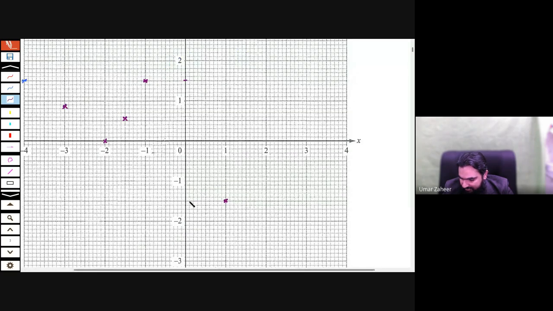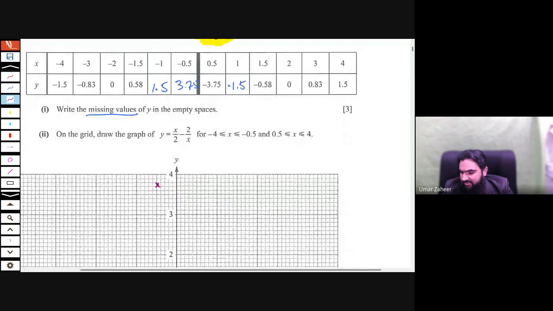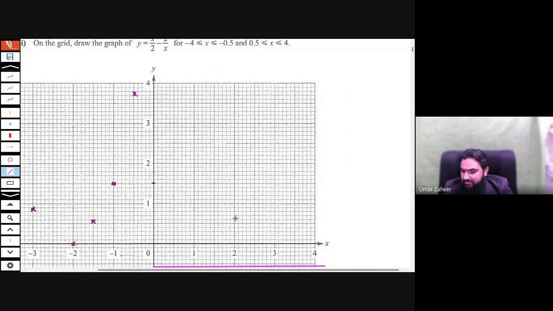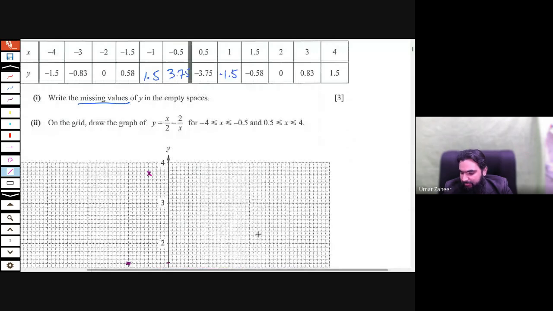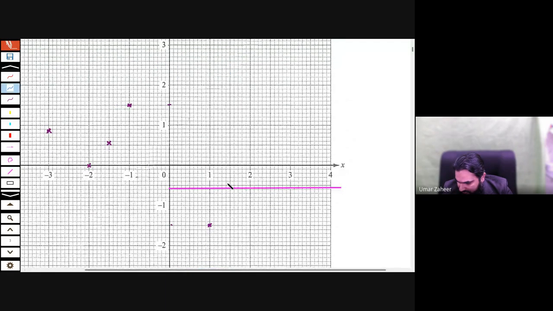X is 1, Y is -1.5. Then 1.5, -0.58. The value is around here, and this is the point.